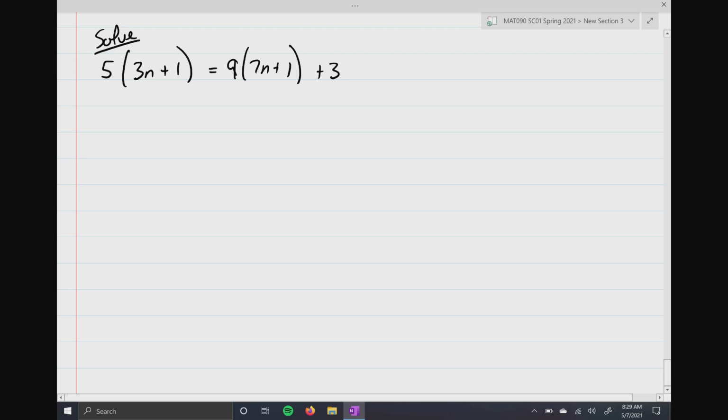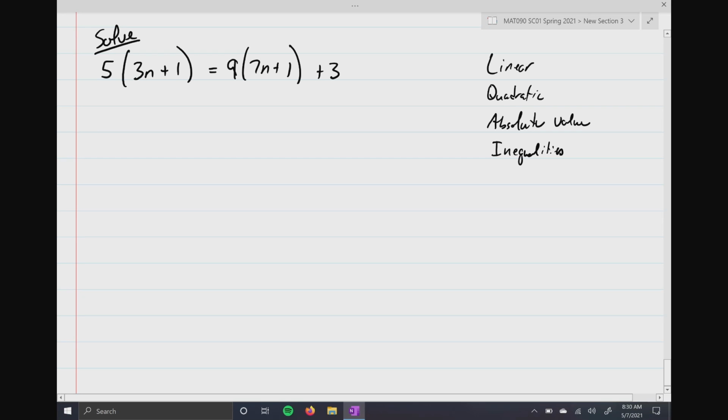Now, to help you, here are the types of problems that we examined this semester: linear, quadratic, absolute values, inequalities.